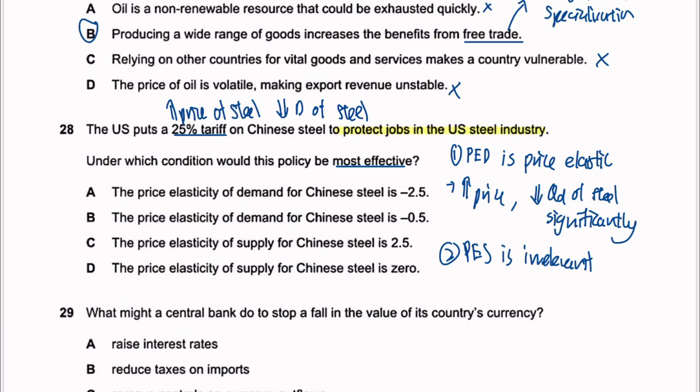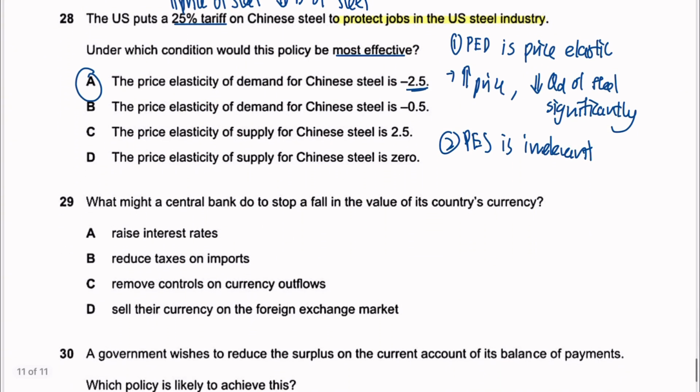So it only focuses on the US consumers' reaction, which will affect the revenue of Chinese steel. So we do not focus on Chinese producers in this case. So A is the answer because it is elastic.